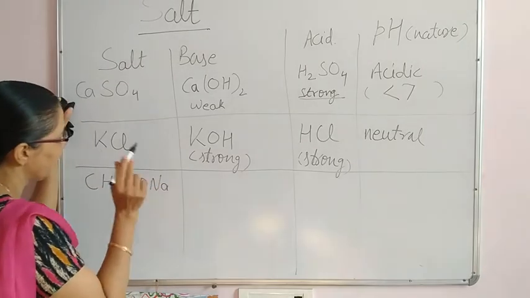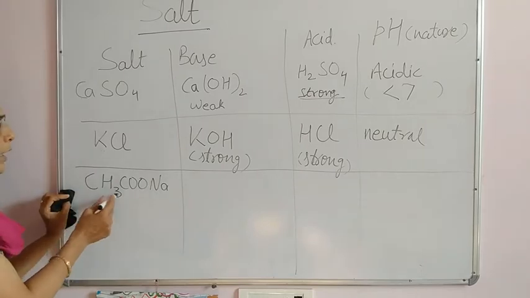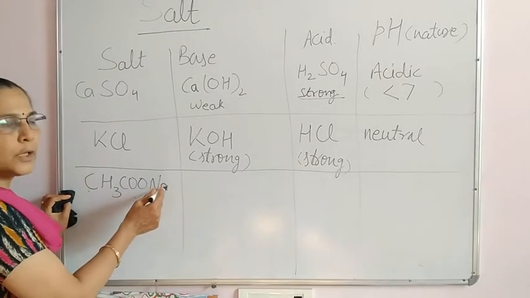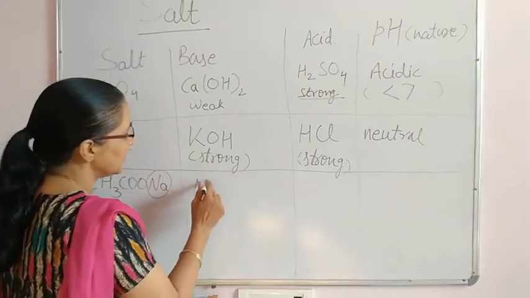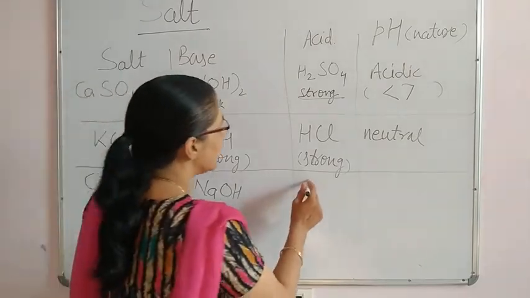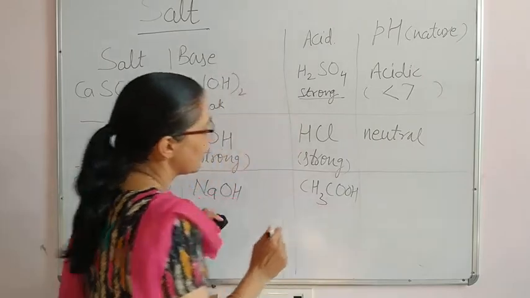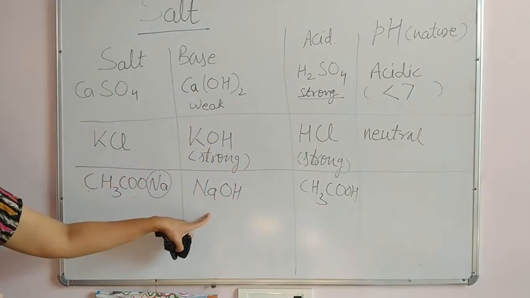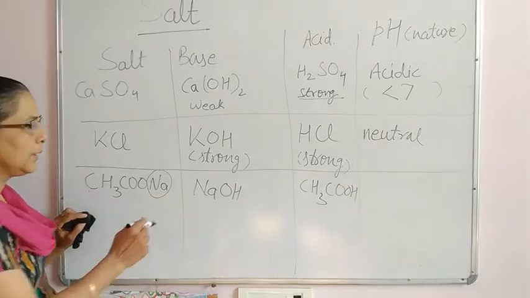Now a little bit more practice. CH3COONa. This is an unusual salt where the anion is written first and the cation is written later. So this is your cation, put NaOH. This is your base and this one is acid. Now find out the nature of NaOH from your table.